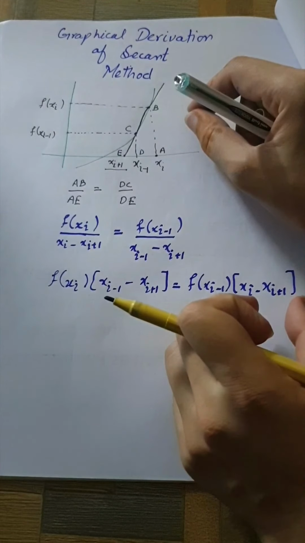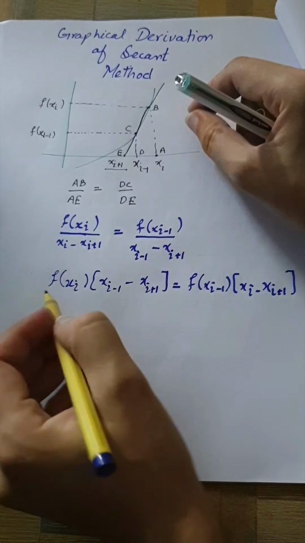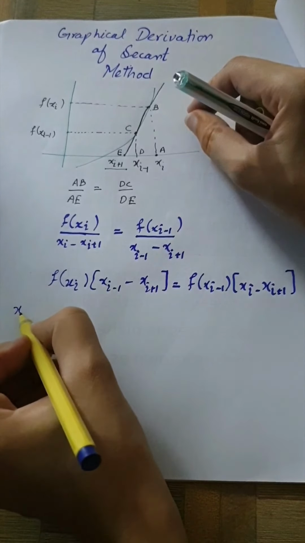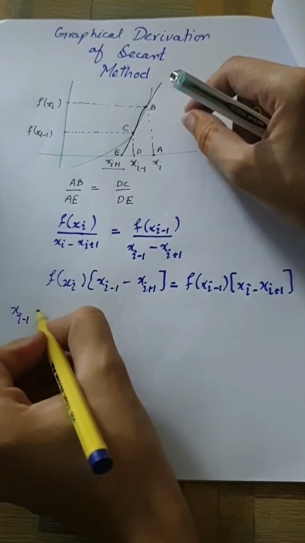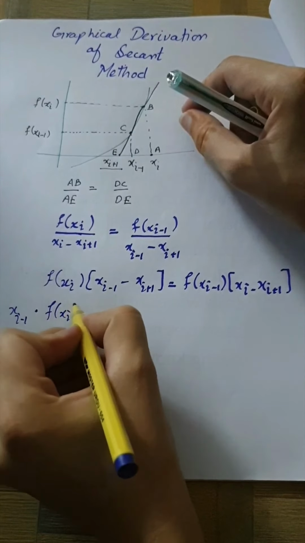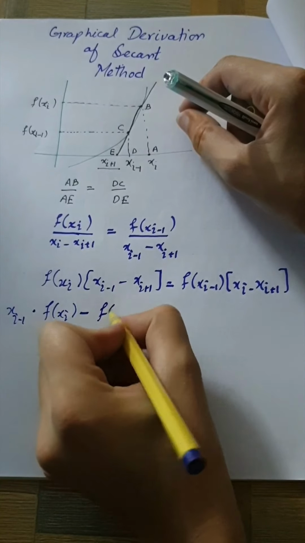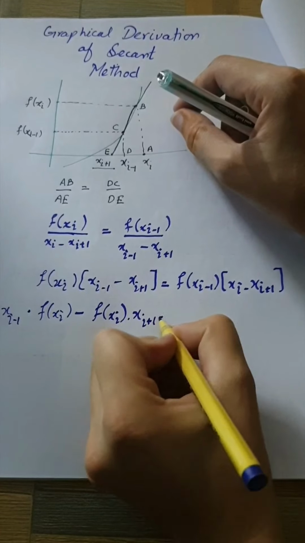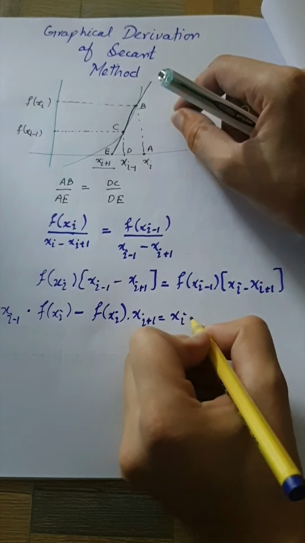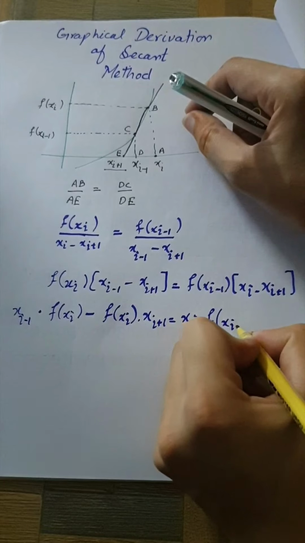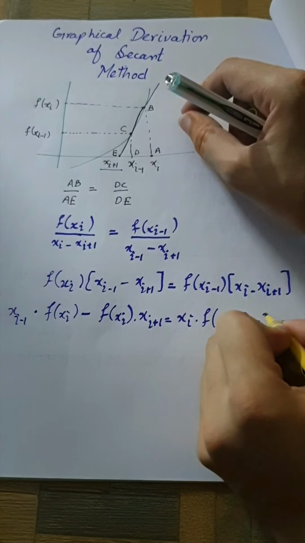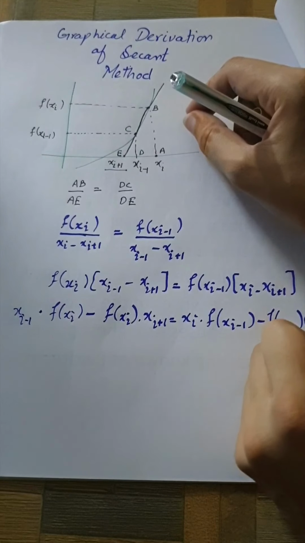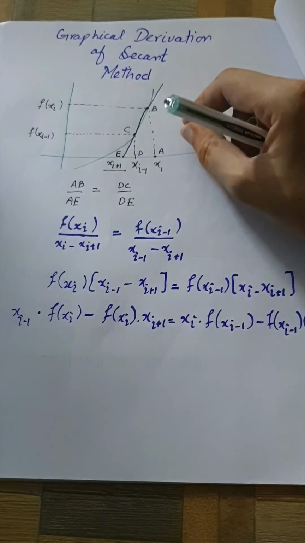So let's just combine the terms x of i plus 1, or let's just expand this expression. You will get x of i minus 1 into f of x of i minus f of x of i into x of i plus 1 is equal to x of i into f of x of i minus 1 minus f of x of i minus 1 into x of i plus 1.